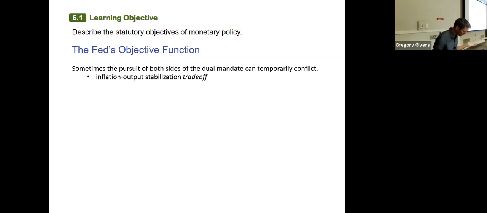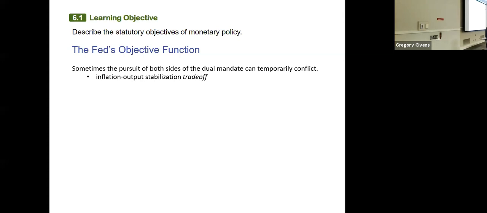Just as a quick example, what type of policy should the Fed pursue if growth is really low, but inflation is high? Let's say growth is low, we're in a recession, but inflation is above the 2% target. Should the Fed tighten or ease monetary policy in that case? If the Fed wanted to ease policy to raise economic growth, what's going to happen to the inflation rate?